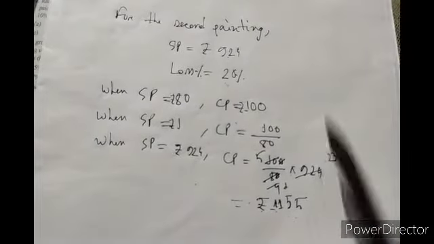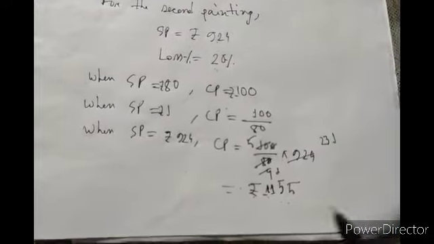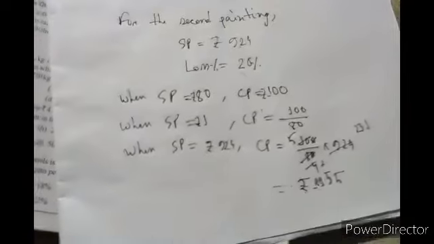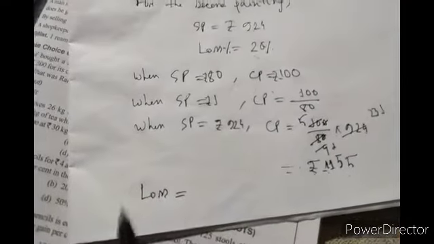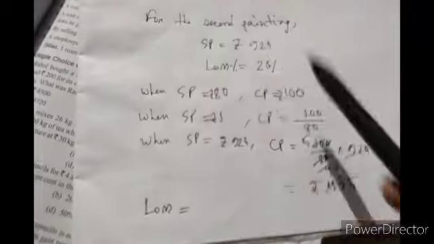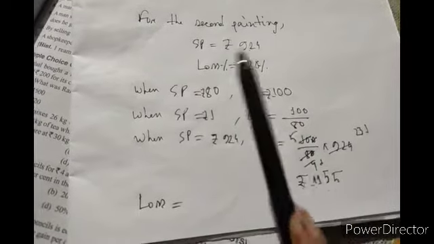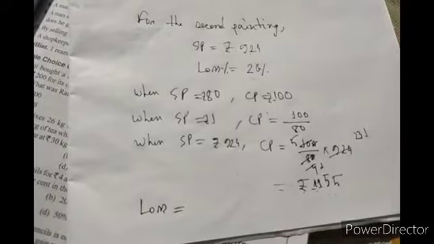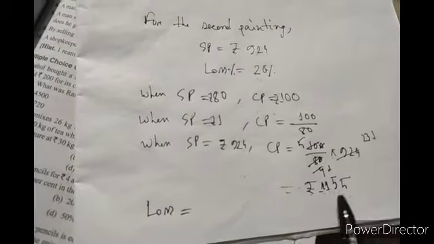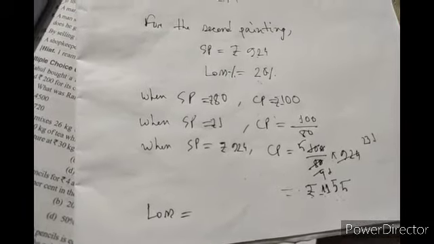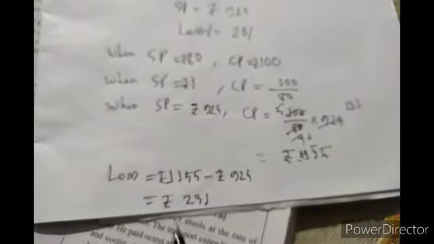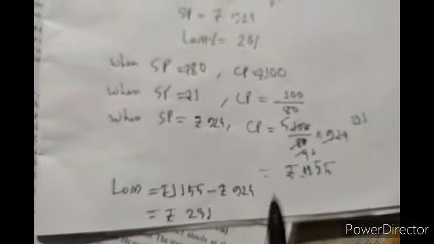Now in this case selling price is less, cost price is more, therefore there is a loss. What is the formula for loss? We simply subtract the lower number from the greater number. Here cost price is greater and selling price is lower, so 1155 minus 924, you will get loss equal to rupees 231.